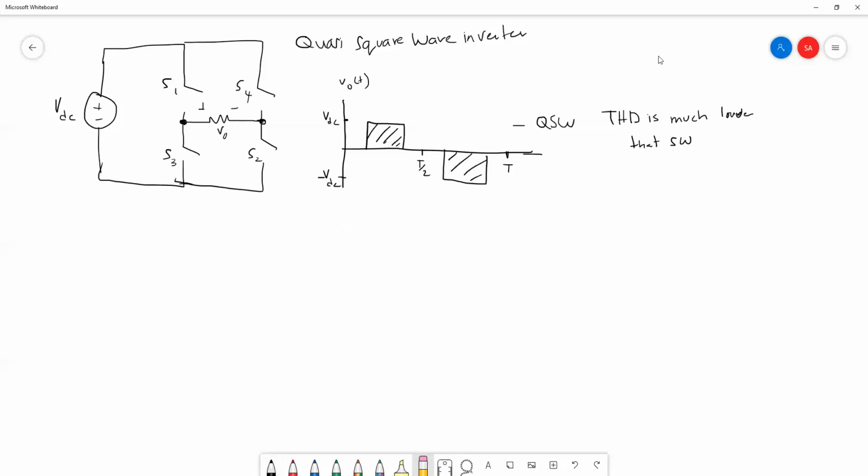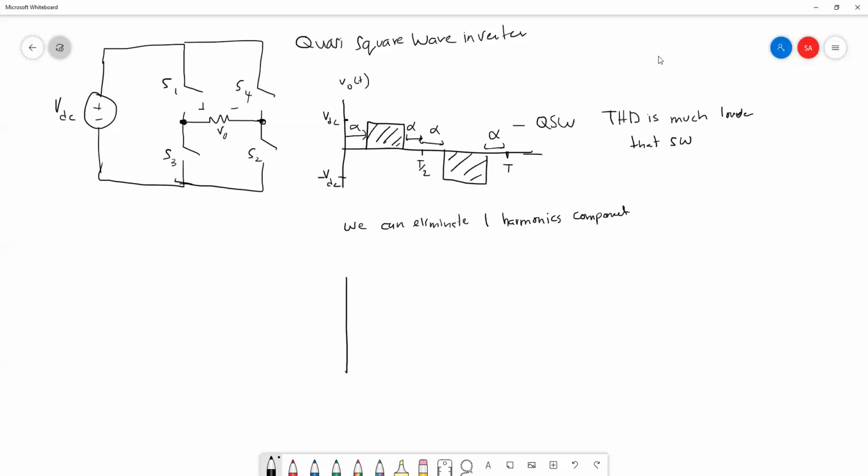This is because, based on the analysis that has been done, we have what we call a firing angle or triggering angle here. In quasi square wave, what we can do is eliminate one harmonic component. Because of that, we can have the THD much lower than the square wave.